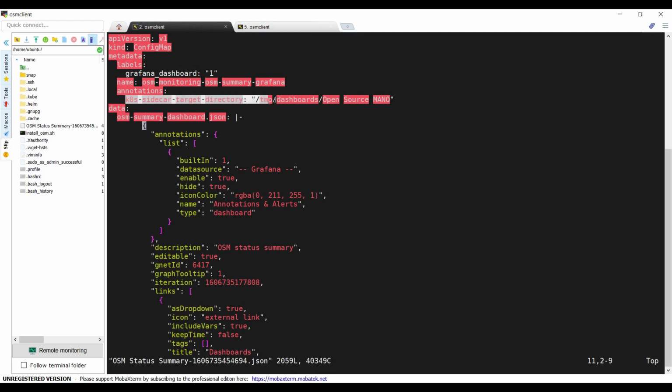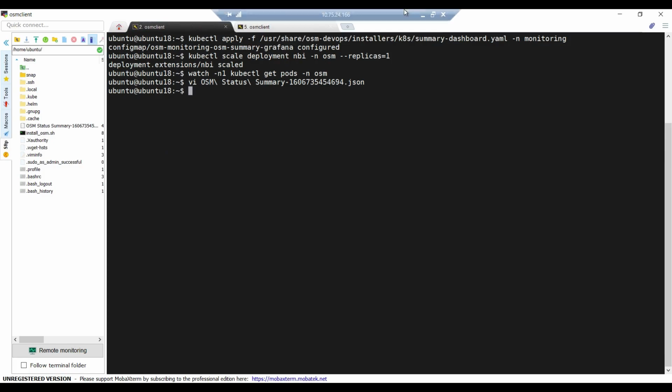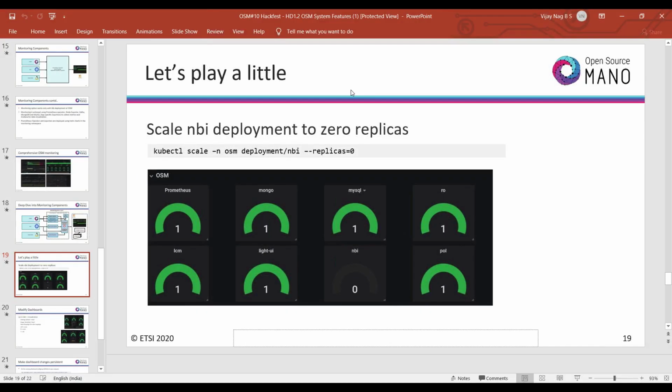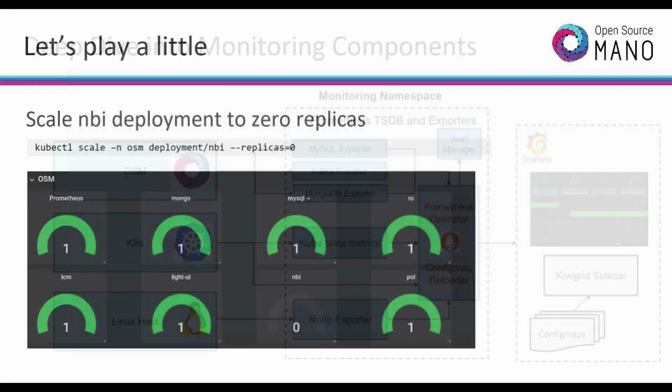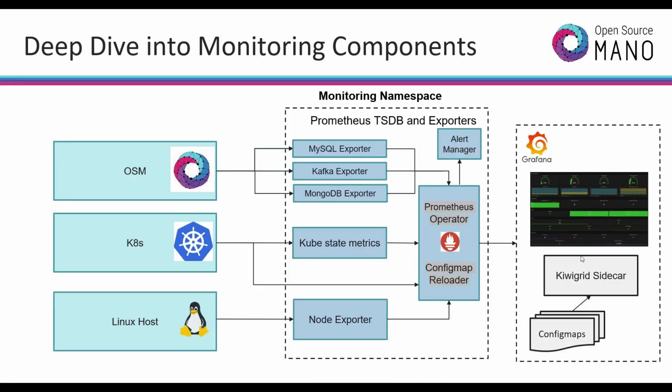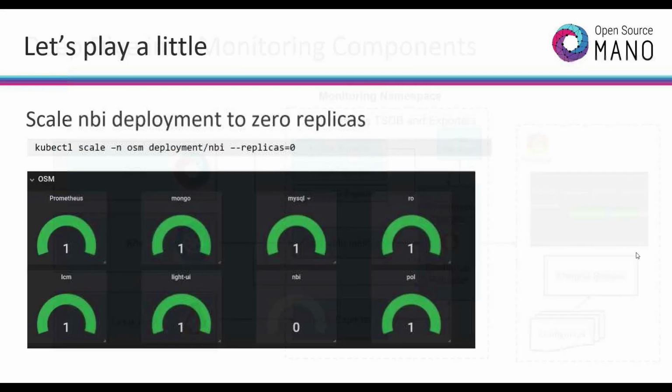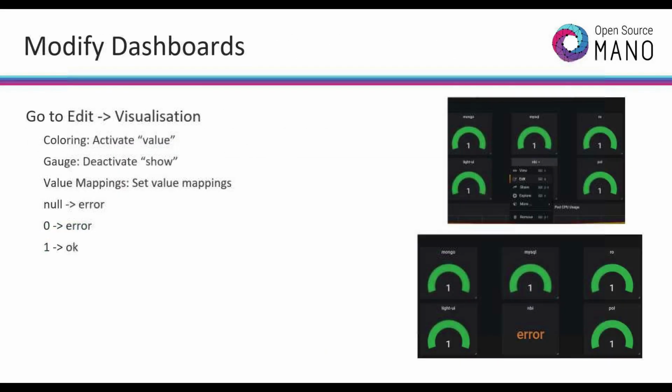So what made these changes? I have changed value mapping here. I have mapped 1 to up, and I have disabled the gauge. Otherwise it would have been shown as a gauge with the number of replicas like this.